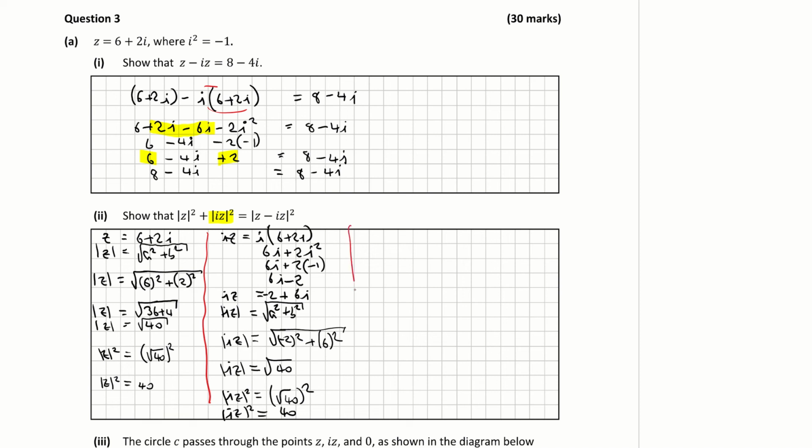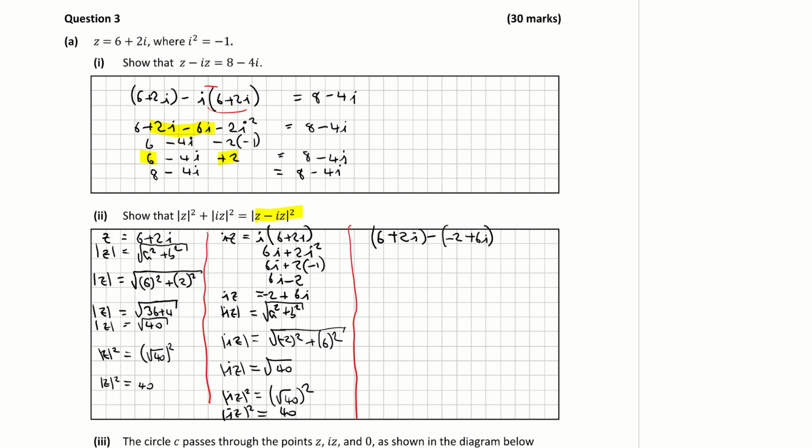Now let's come over and do the third one. The modulus of z minus iz all to be squared. So filling it in, we have z, which is 6 plus 2i. I'm then subtracting i times z. Well, we have that from part 2, which is minus 2 plus 6i.